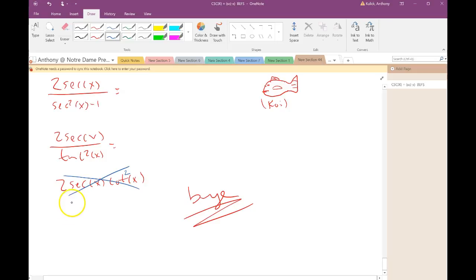So I'm going to rewrite this now in terms of sines and cosines. The numerator becomes 2 times 1 over cosine, and the denominator becomes sine squared over cosine squared.